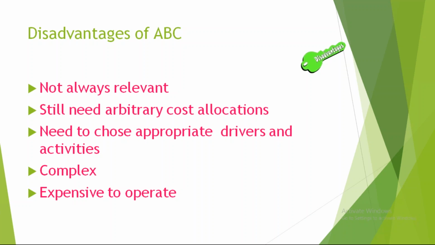Still, we have to do some arbitrary cost allocation, because still we have to find out the cost driver, still we have to find out the cost pools. So the cost pools need to be allocated still on an arbitrary basis. Like for example, the rent, maybe we might take the floor area, or the number of people if it's a canteen or something like that.